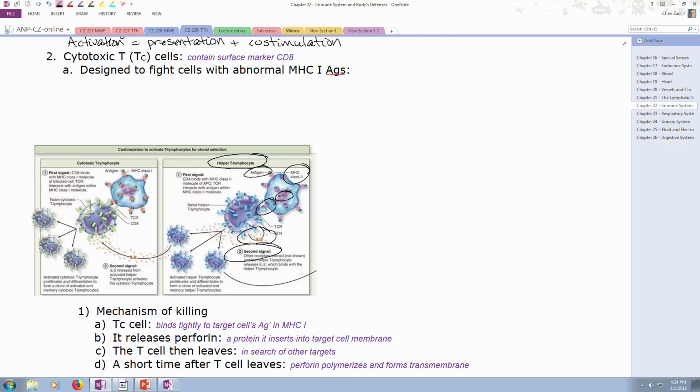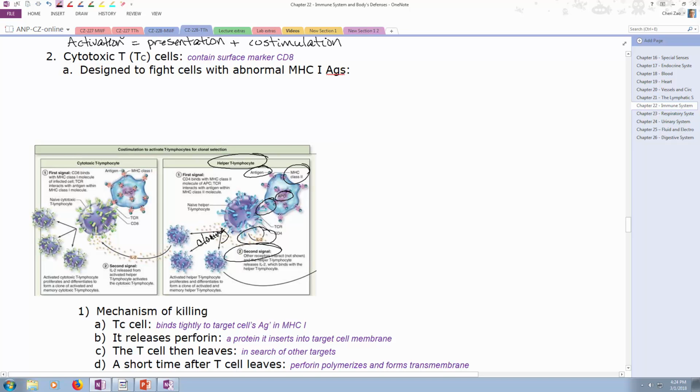So we have to present and we have to co-stimulate all of our cells in order for them to do the process of doing their job. Part of doing their job is cloning. So these multiple arrows here are cloning.